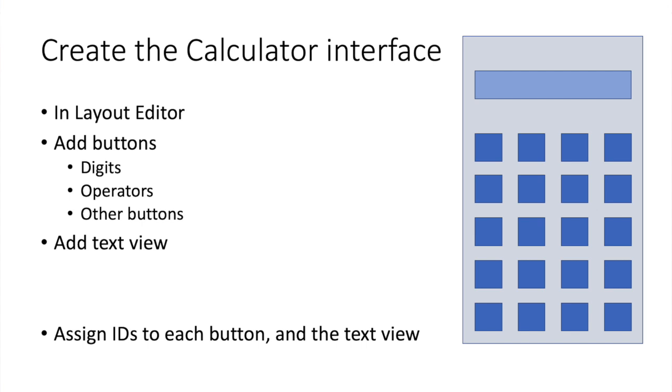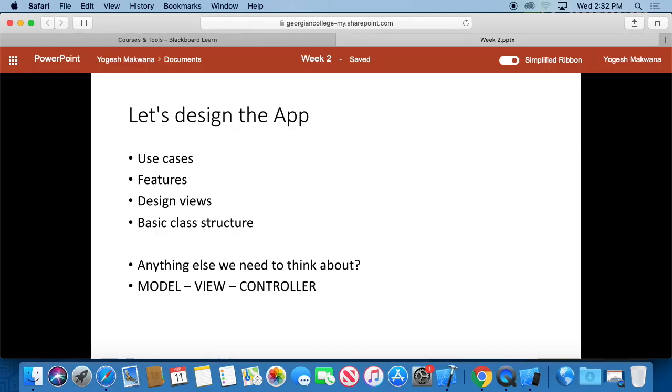And we will also need to design a model, which we will not do right now, which keeps track of what is going on in the calculator when you enter a number. The model knows that a number was entered, an operator was pressed, which operator was pressed, and then what else happens. All of those things will happen in the model. And there is a state of the model which this thing will keep on displaying.